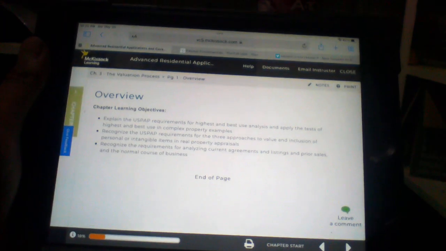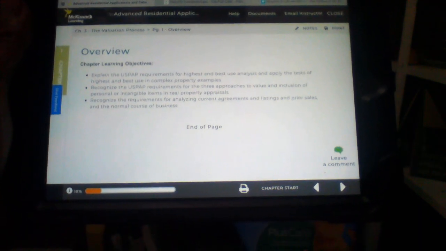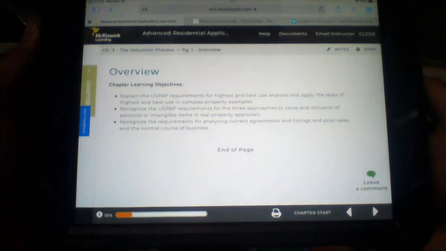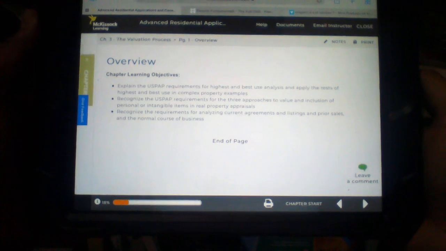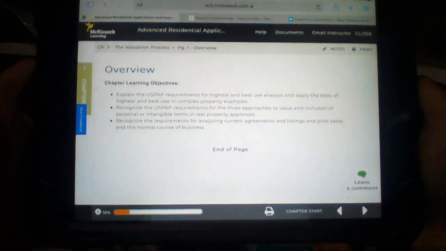Chapter Learning Objectives. Explain the USPAP requirements for highest and best use analysis and apply the tests of highest and best use in complex property examples.